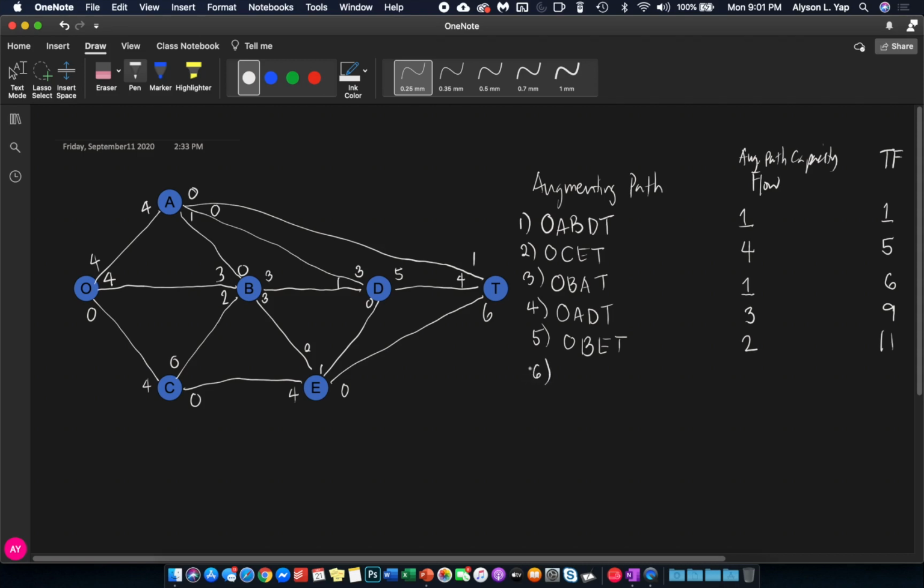Number 6: O, B, E, D, T. Capacity is 4, 3, 1, 5. So 1, with a total flow of 12. And let's update OB. So this becomes 3, 4.